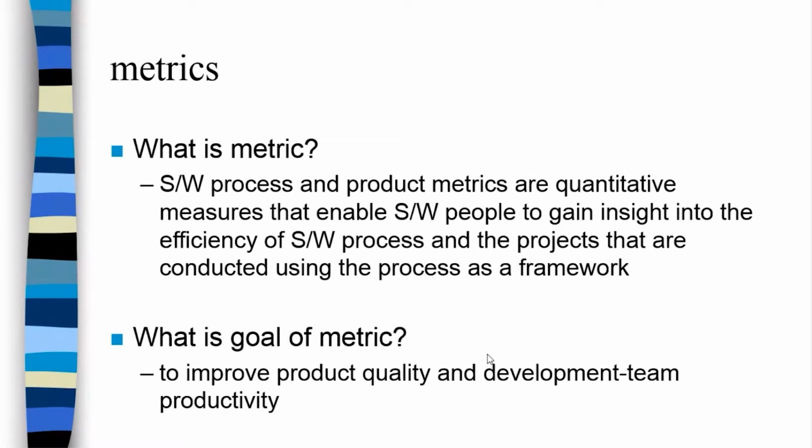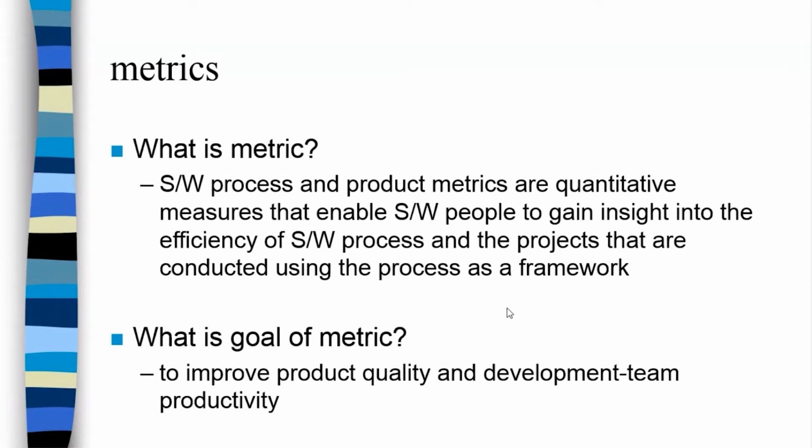Now, software process and product metrics are quantitative measures that enable software people to gain insight into the efficiency of the software process and the projects that are conducted using the process as a framework.